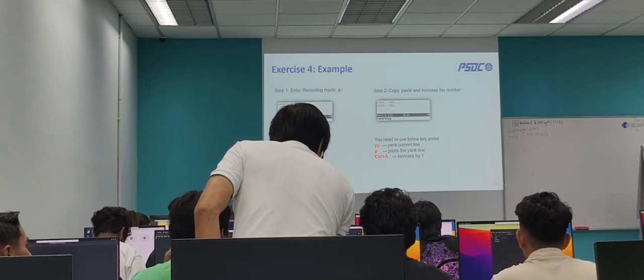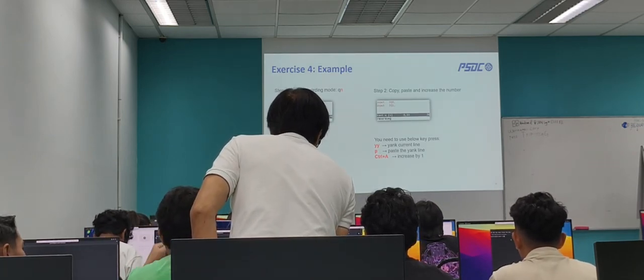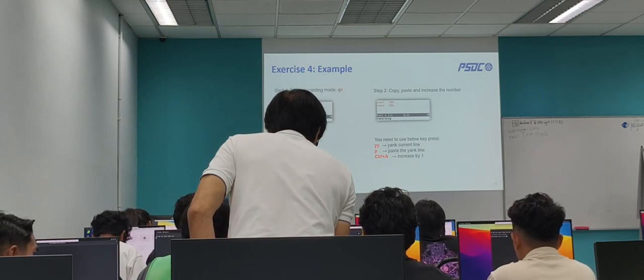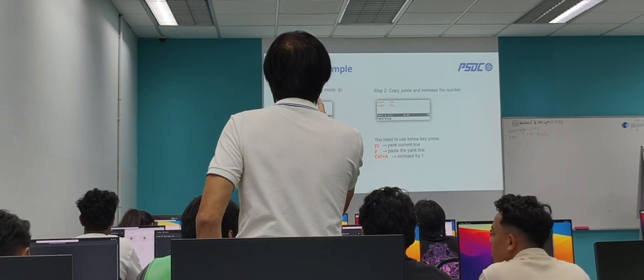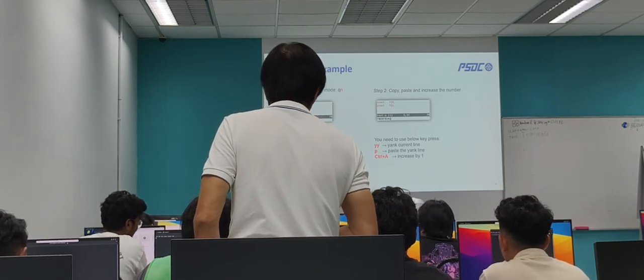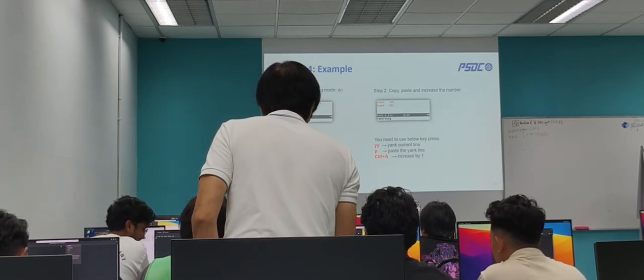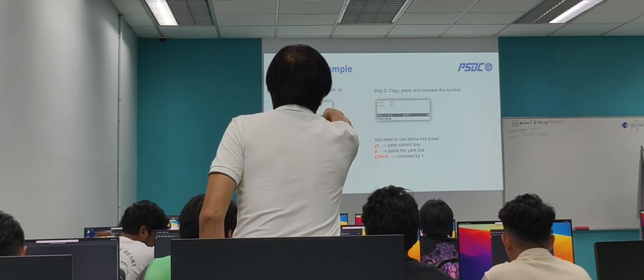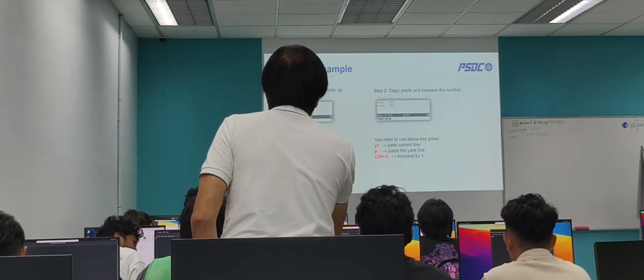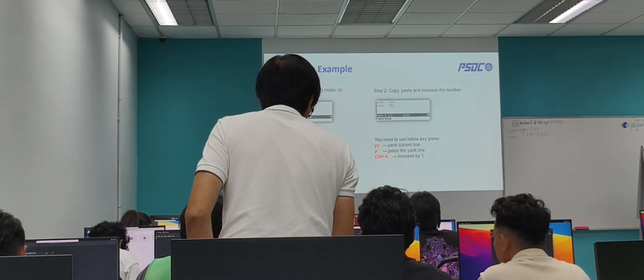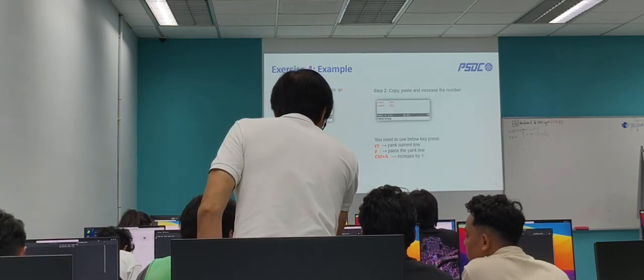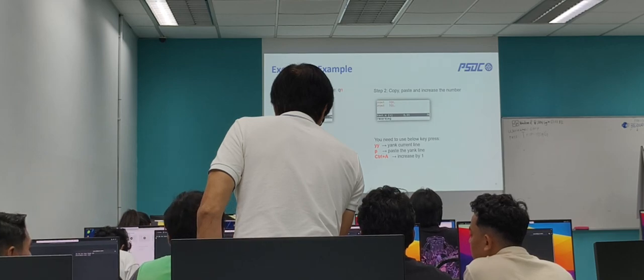Okay, now you repeat the yank, paste, and, no. See, step 2. So step 2 is copy, paste, and increase the number. YY is copy, so type YY.